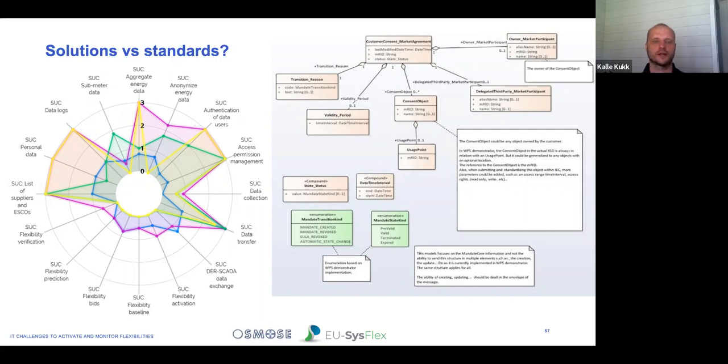So we made that kind of assessment: we took these 16 use cases, actually the specific requirements of those use cases, and then mapped them to those few selected data platforms, to see how these platforms actually today support or do not support those use cases.